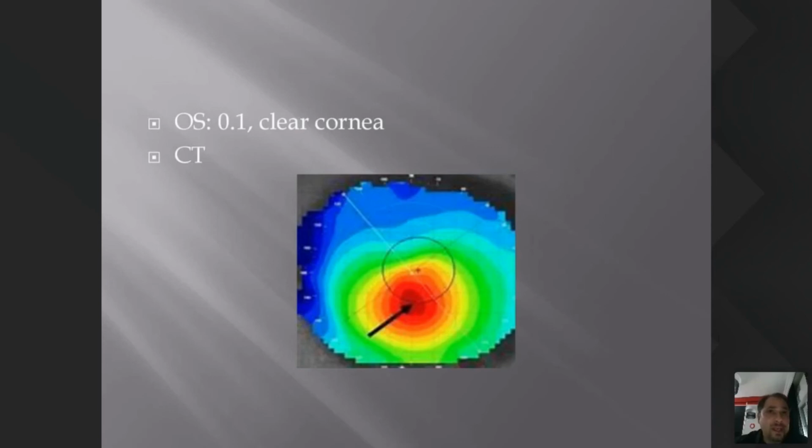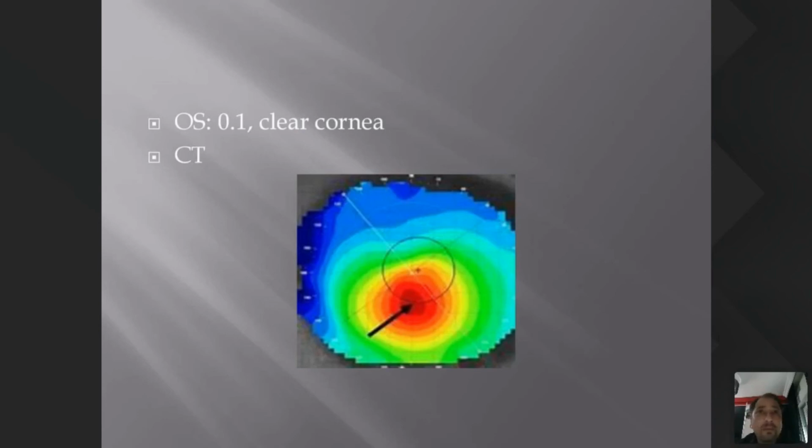What kind of cross-linking? It depends on the corneal thickness. If the corneal thickness is relatively good, and we mean by that above 450, I would recommend going for epi-off isotonic to make sure that it's an efficient procedure.